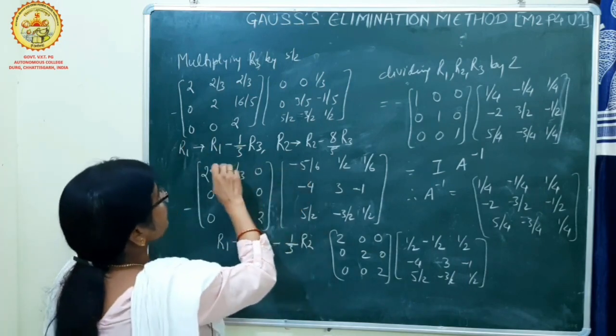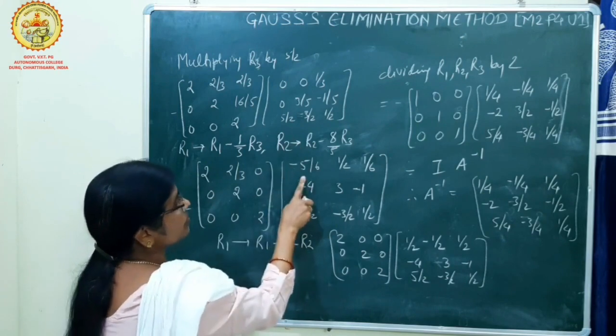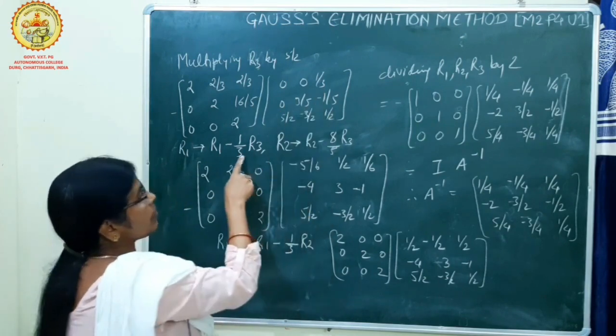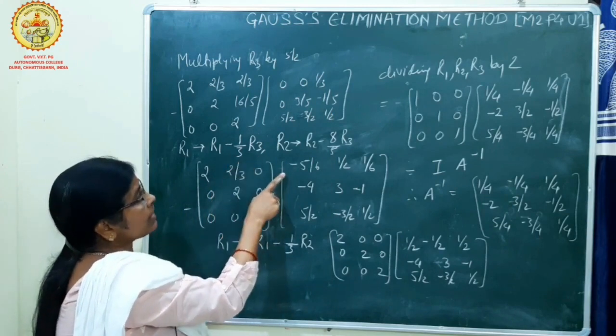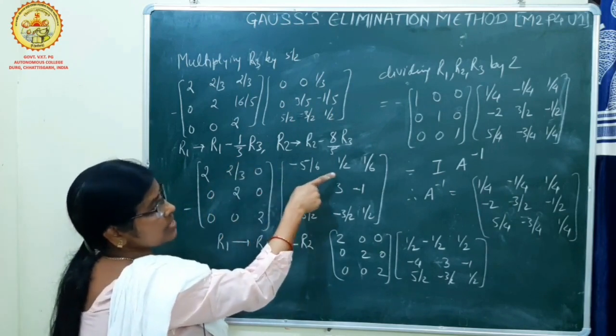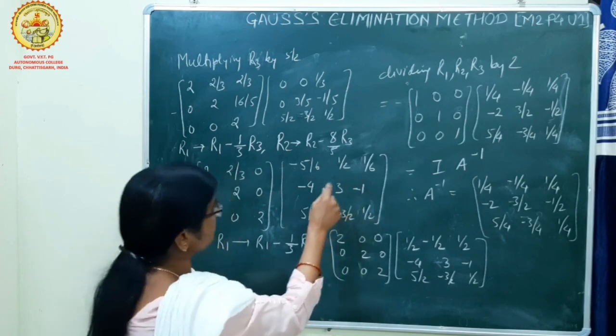Similarly first row becomes 0 0 1 by 3. Applying this operation R1 minus 1 by 3 R3, which is minus 5 by 6, 1 by 2, 1 by 6.